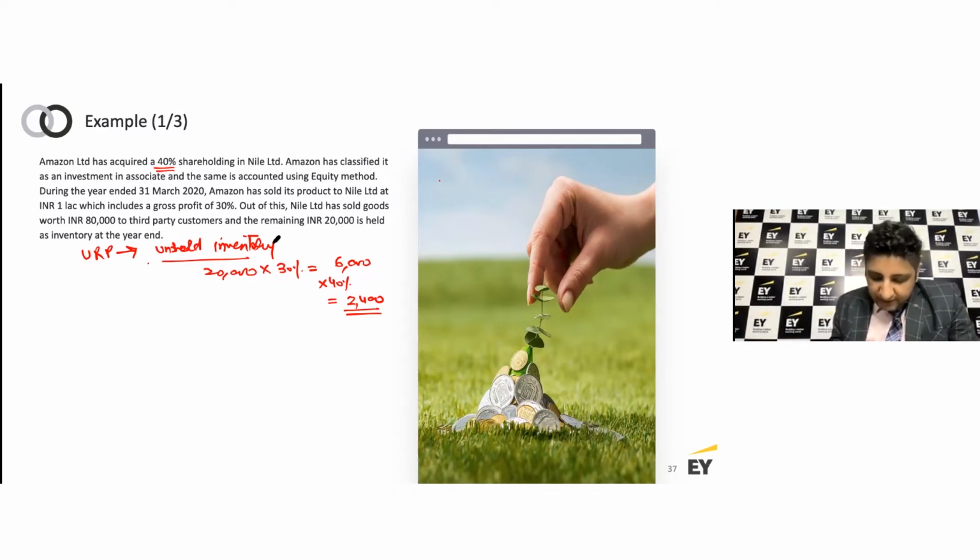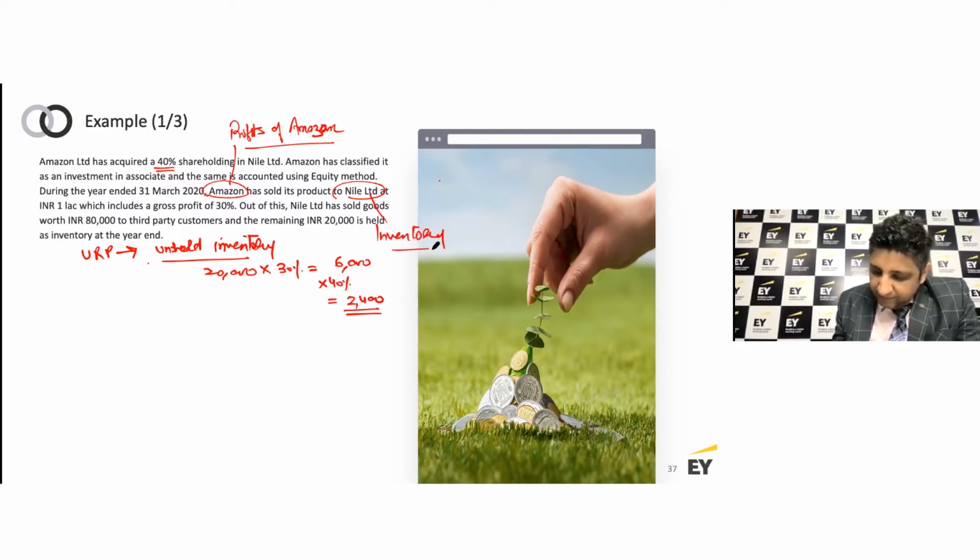We are given that Amazon has sold the product to Nile Limited, which means that the profits of Amazon have increased, and the inventory of Nile Limited has increased. Ideally speaking, they both are overstated in this scenario, and they both should be reduced.